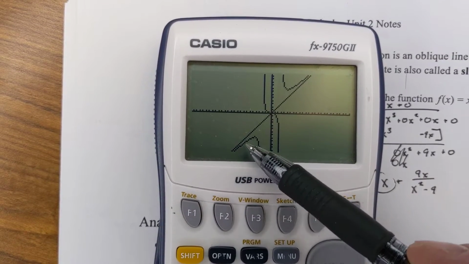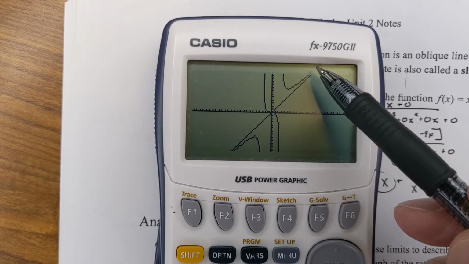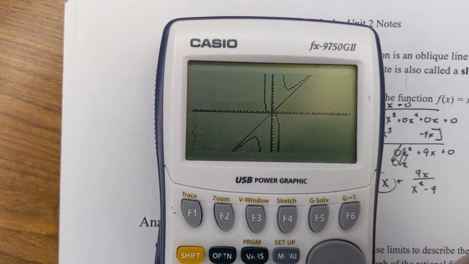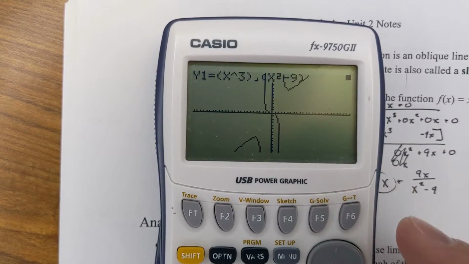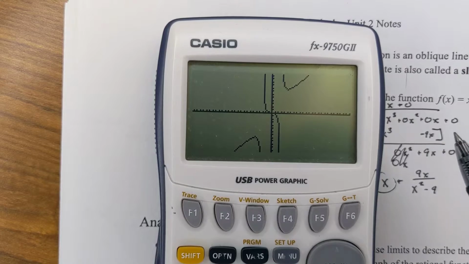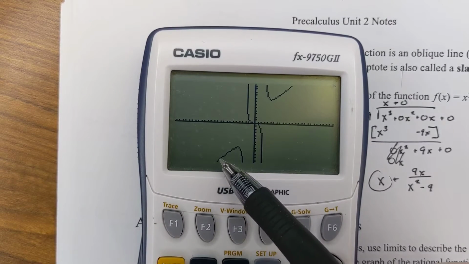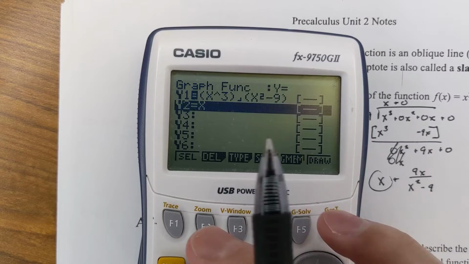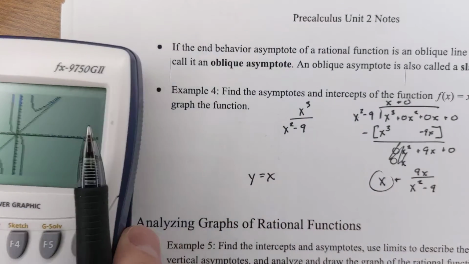There's y equals x, and then the curvy stuff is the x cubed over x squared minus 9. So you notice these graphs do keep going up forever, so there's no horizontal asymptote. But it does approach what I get if I do the division, y equals x. So that's my asymptote.